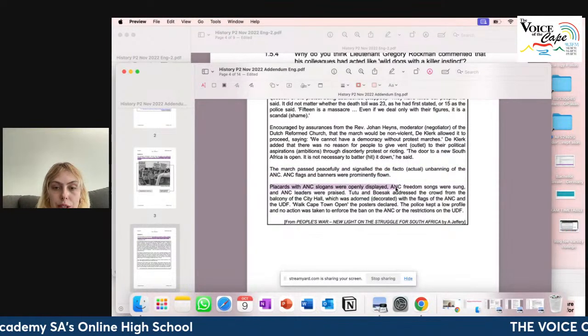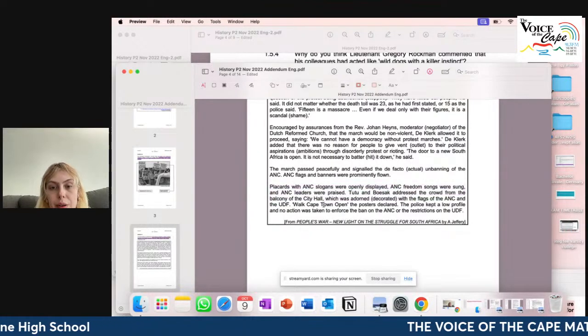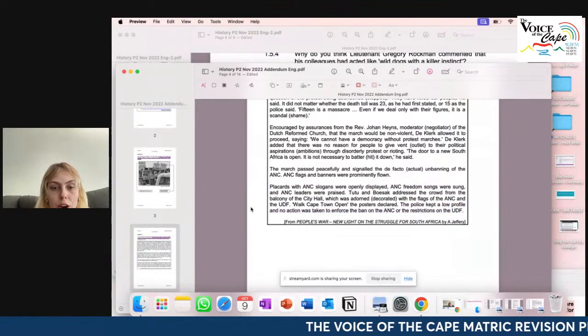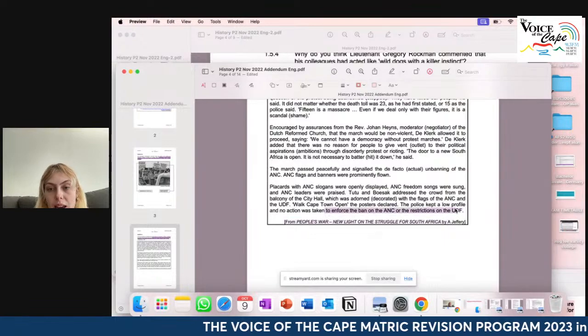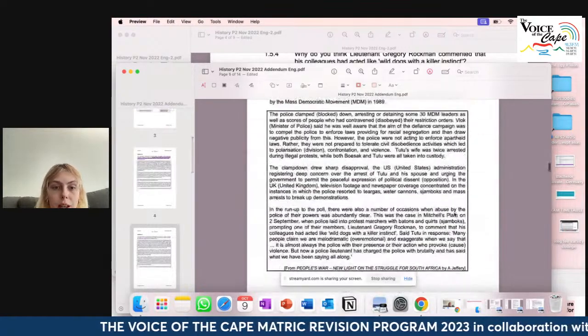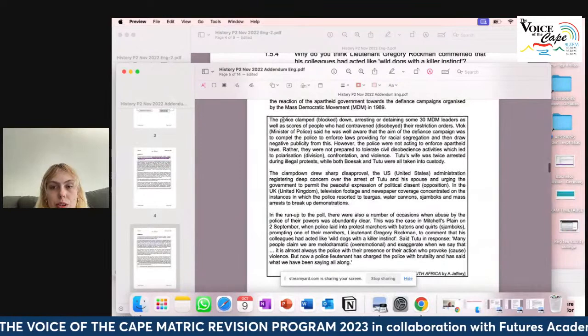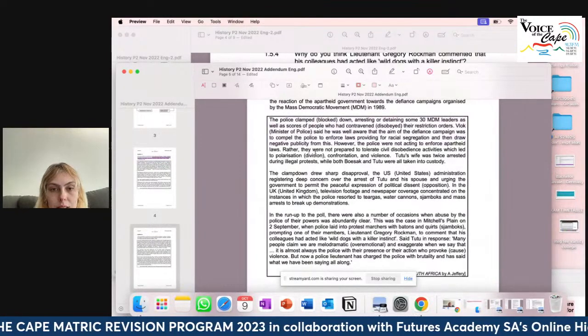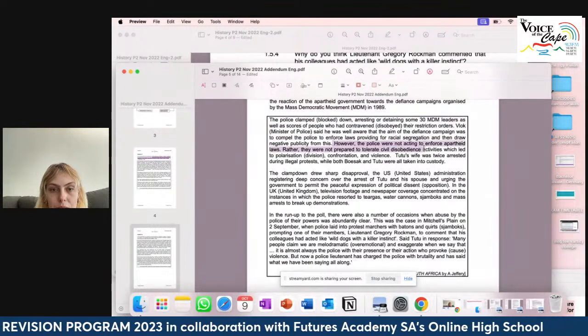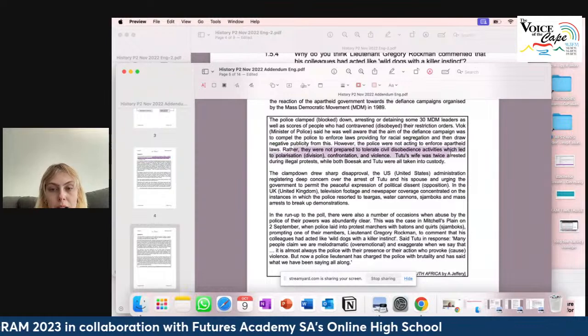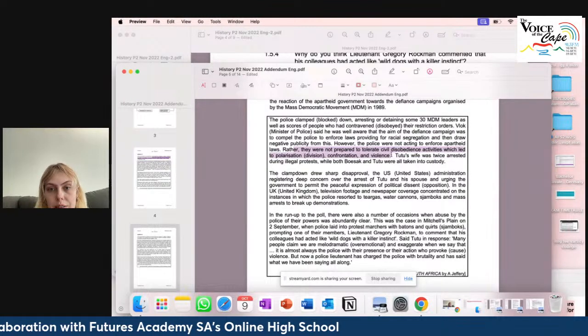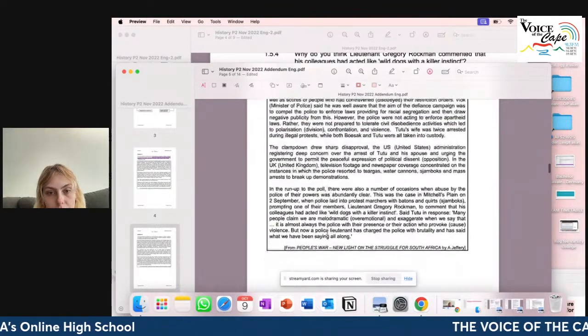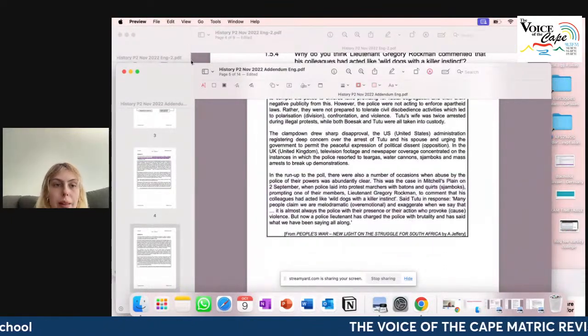Placards with ANC posters were openly displayed, even though it says here no action was taken to enforce the ban on the ANC or restrictions on the UDF. Here, you could also say the police were acting to enforce apartheid. They were not prepared to tolerate civil disobedience activities. So they were doing civil disobedience activities. And then you can get examples here as well.